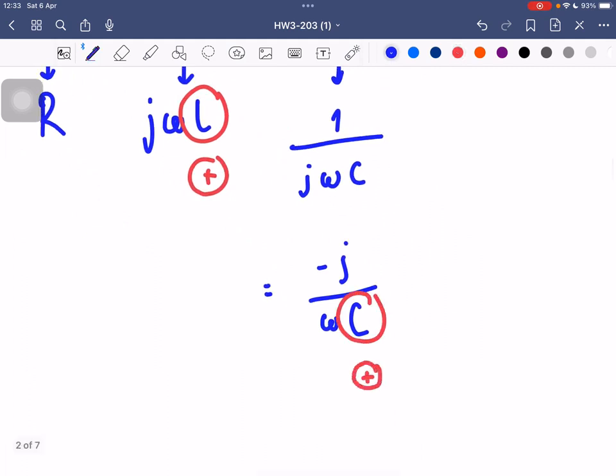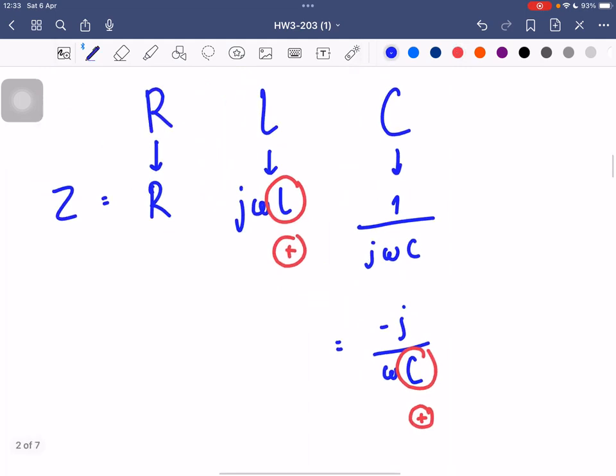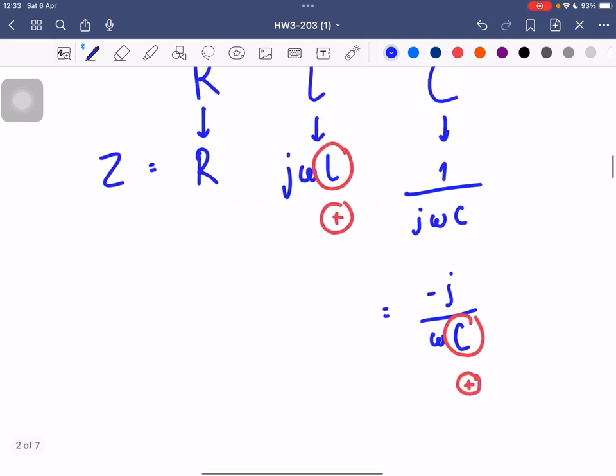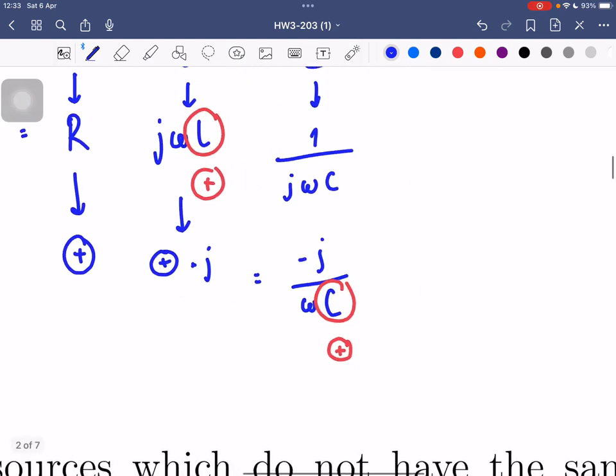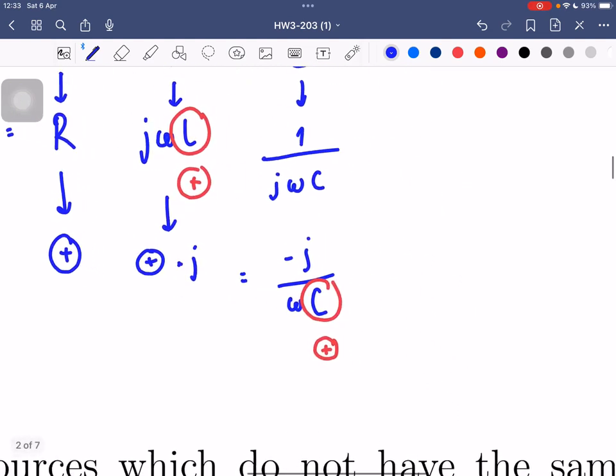So the impedance of the inductor is always positive J because it has no negative multiplication, and for the capacitor, the impedance is always negative, so it is negative on the J axis in the imaginary part.